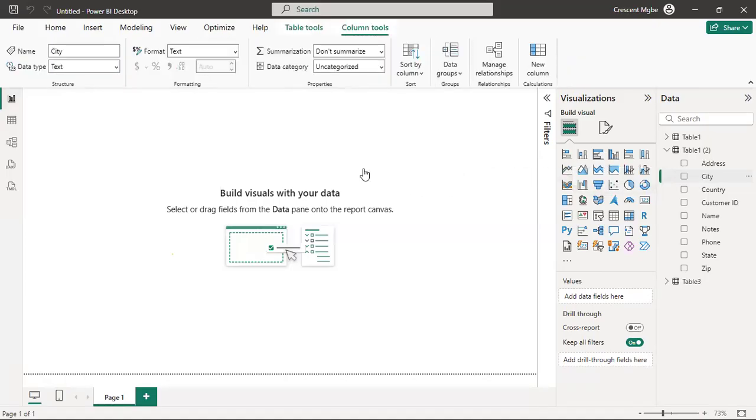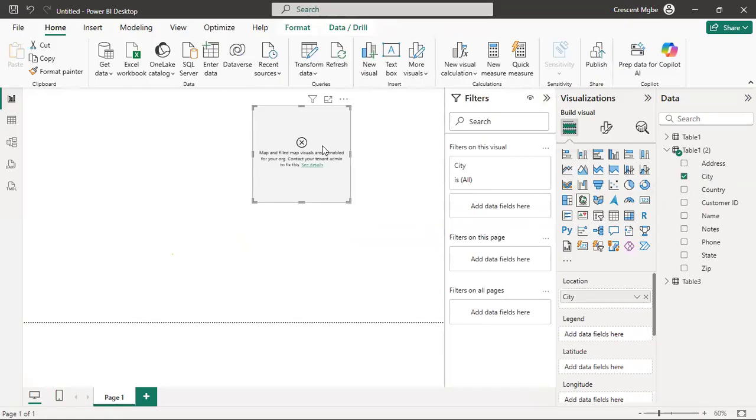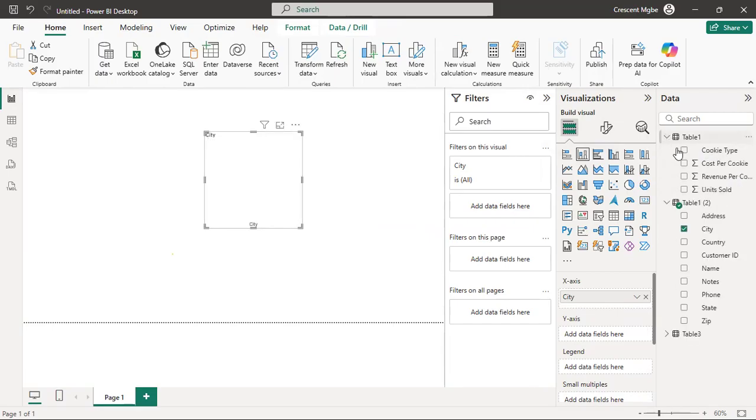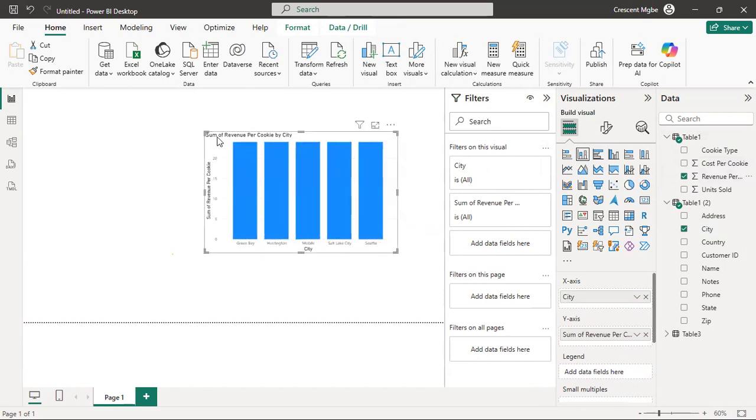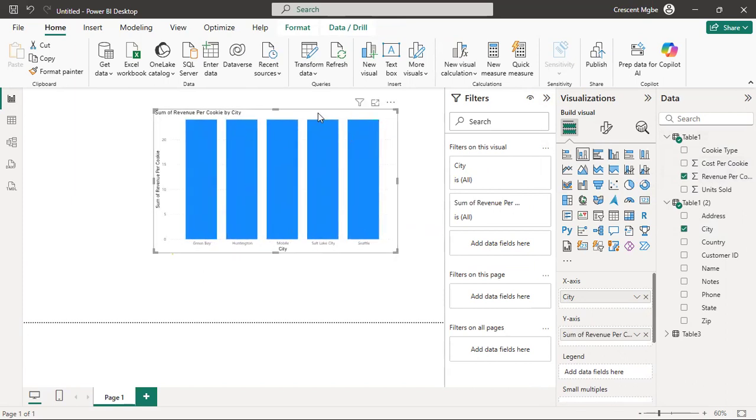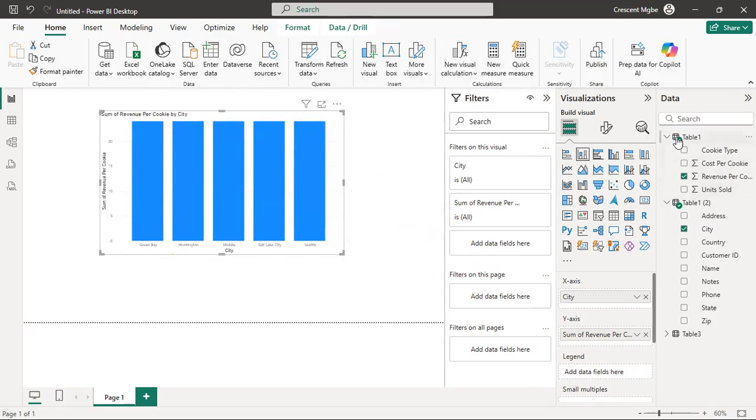So we'll have city here, let's use this chart, then we'll have total revenue here as well. You see table 1 and table 2, there's no relationship, so you can never get anything meaningful.